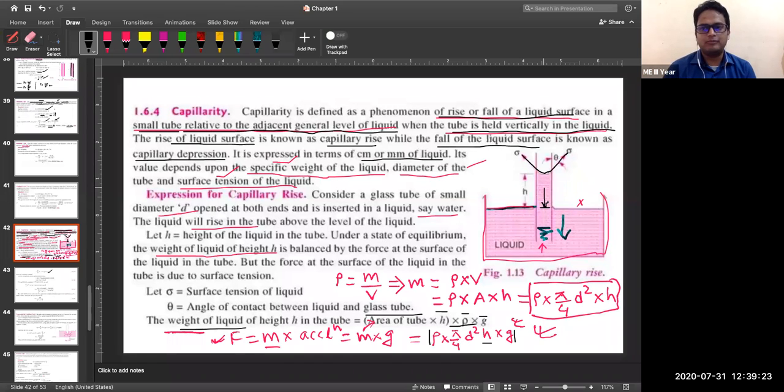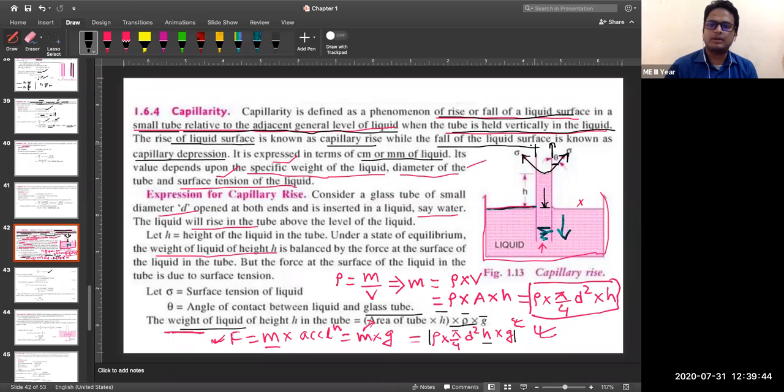Okay, now we have to apply the equilibrium condition. So we have to see the component of these two forces. This is angle theta, so that force component will come over here, and the same on this side.